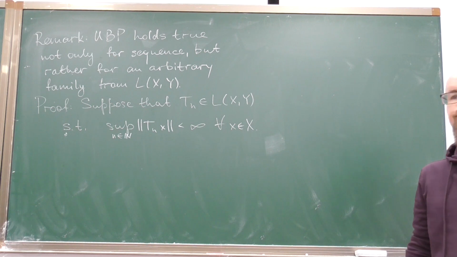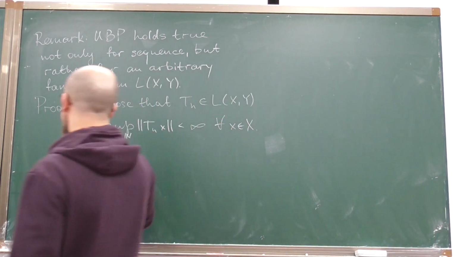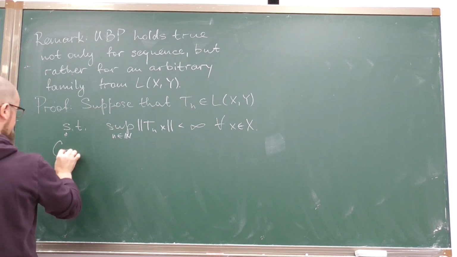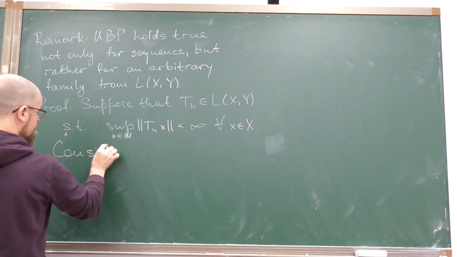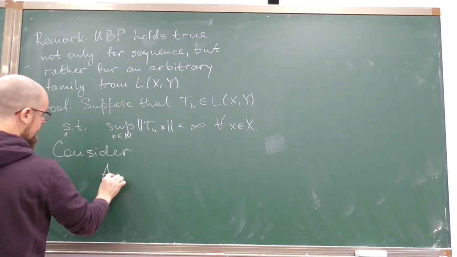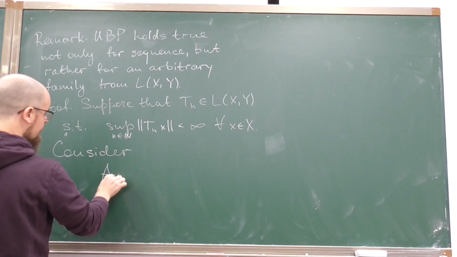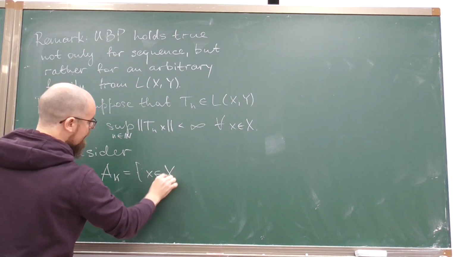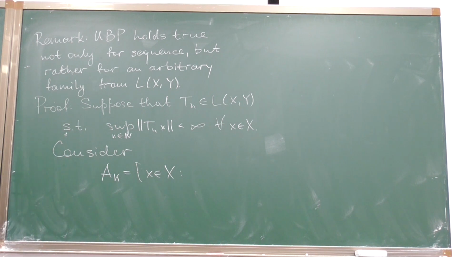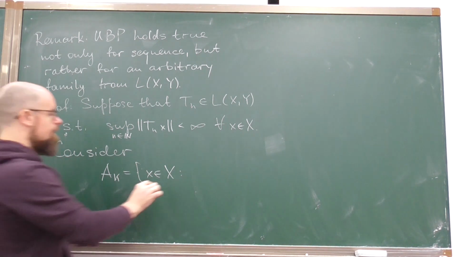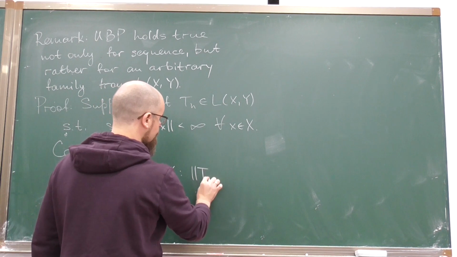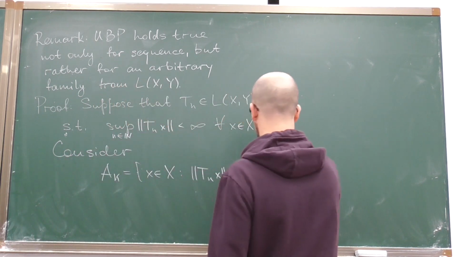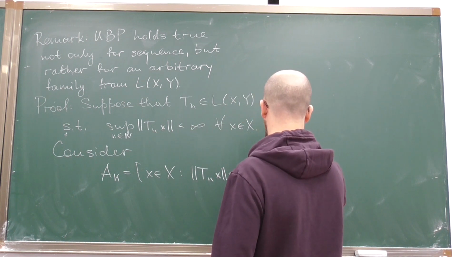Let us introduce specific subsets of X. Sets A_k, which consist of all x from the space X such that the norm of T_n x is less than or equal to k for every n.